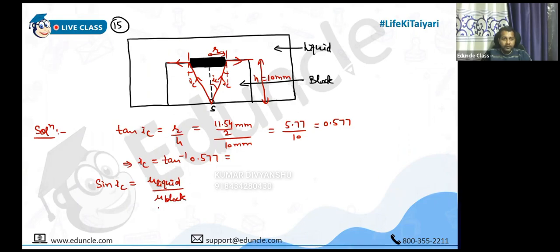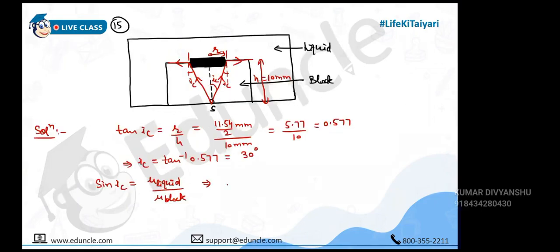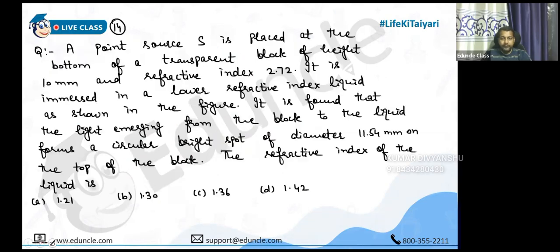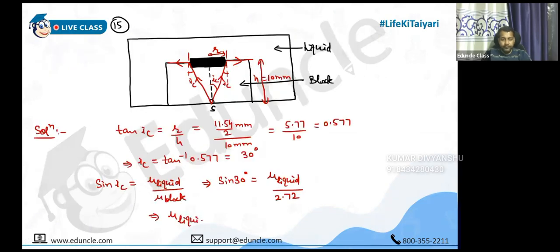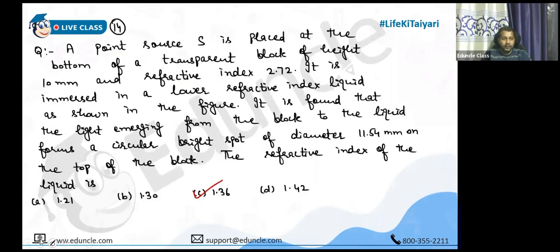We have to find the refractive index of the liquid. 30 degrees. The refractive index of the block is 2.7. So 1.36. Please take.